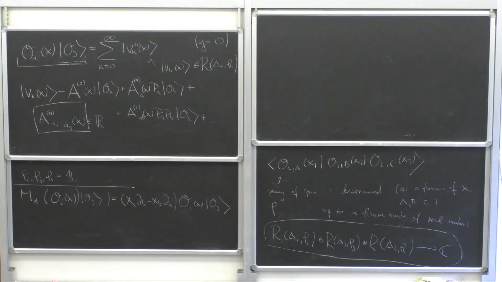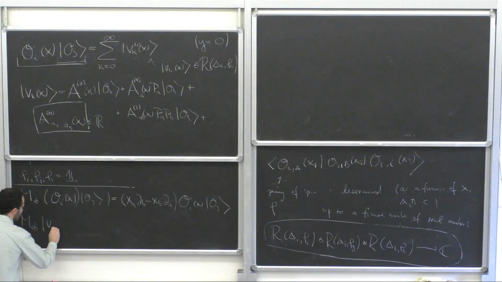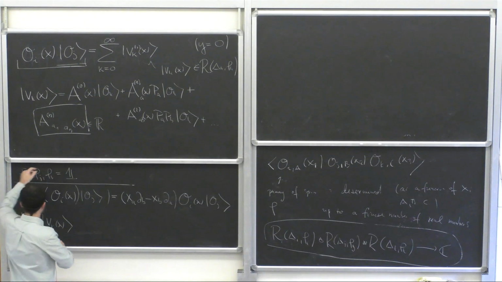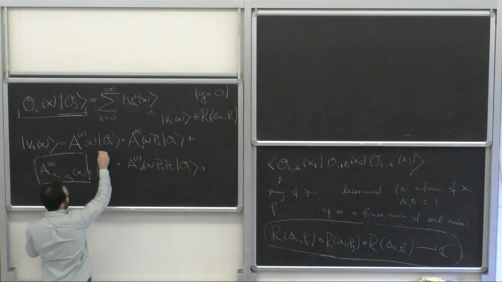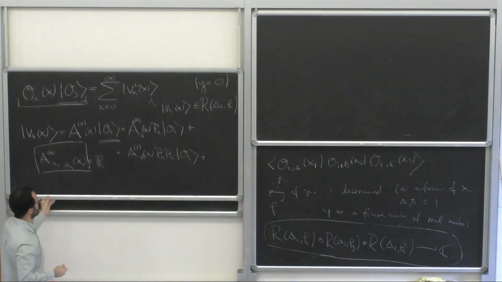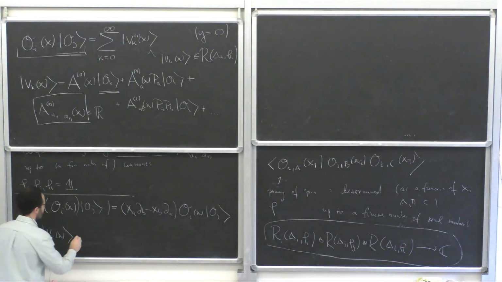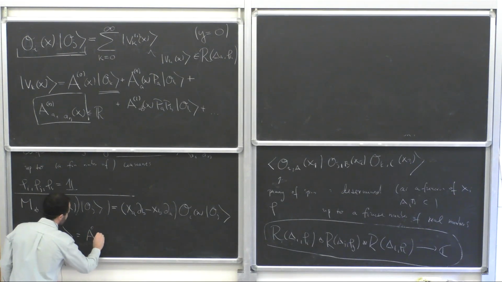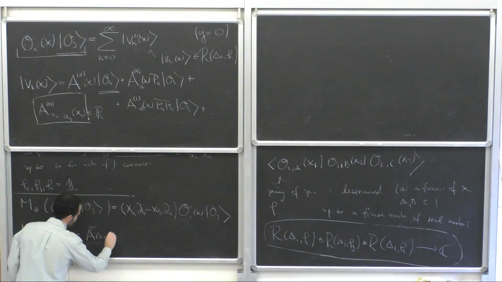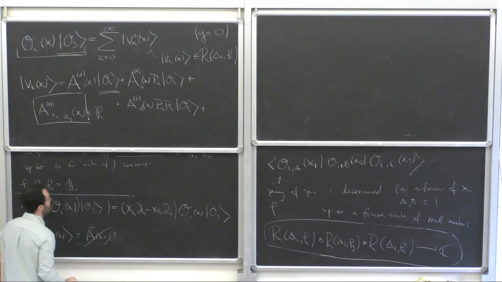Now, when M_AB acts on the right-hand side, let's act with M_AB on V_K of x. Well, V_K of x is over there, and of course M_AB annihilates O_K because O_K is a scalar. So we get A_0 of x times 0, so this term just dies.